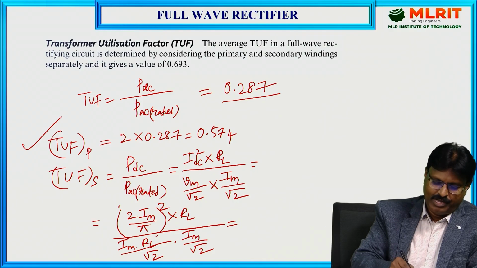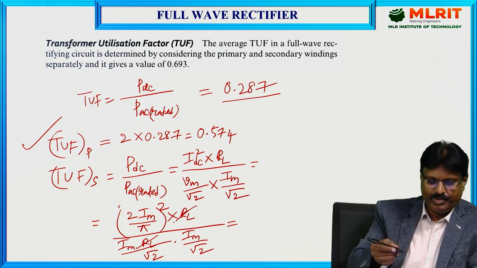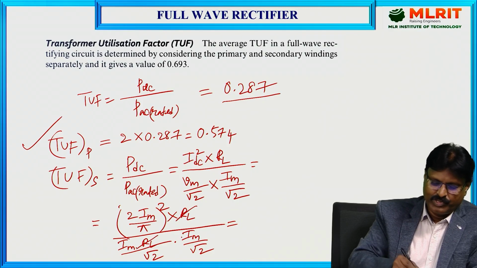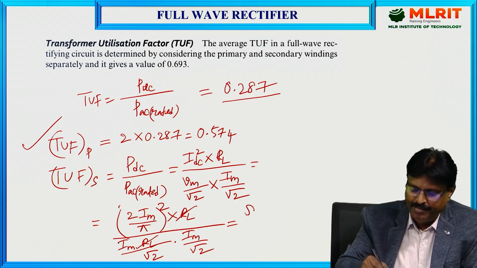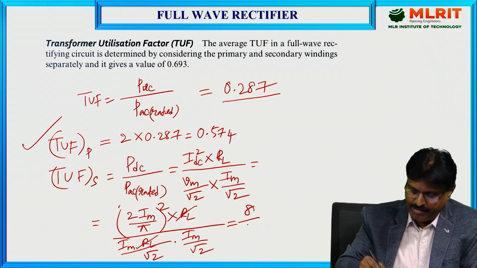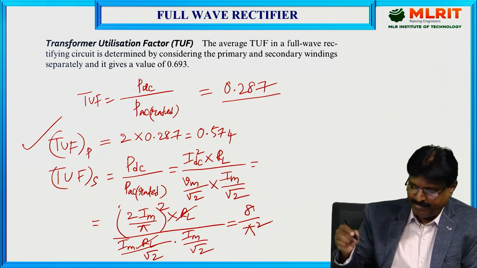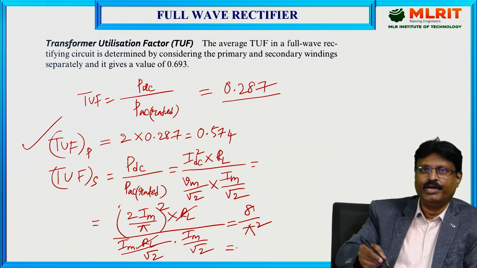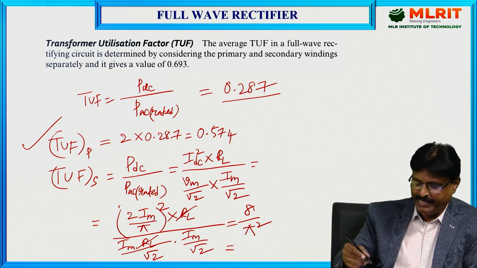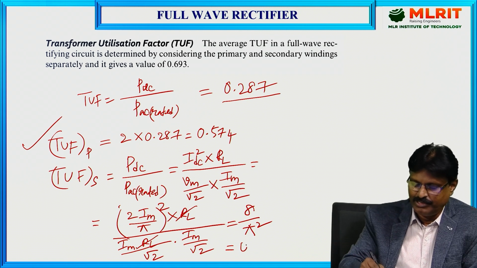Here I am writing Vm in terms of current, that is Im into RL, converting this voltage into current. As you can see, RL is there both in the numerator and denominator, and Im square will be cancelled. If you go for the calculation, you will be getting 8 by pi square. If we calculate the value of 8 by pi square, you will be getting the value as 0.812.